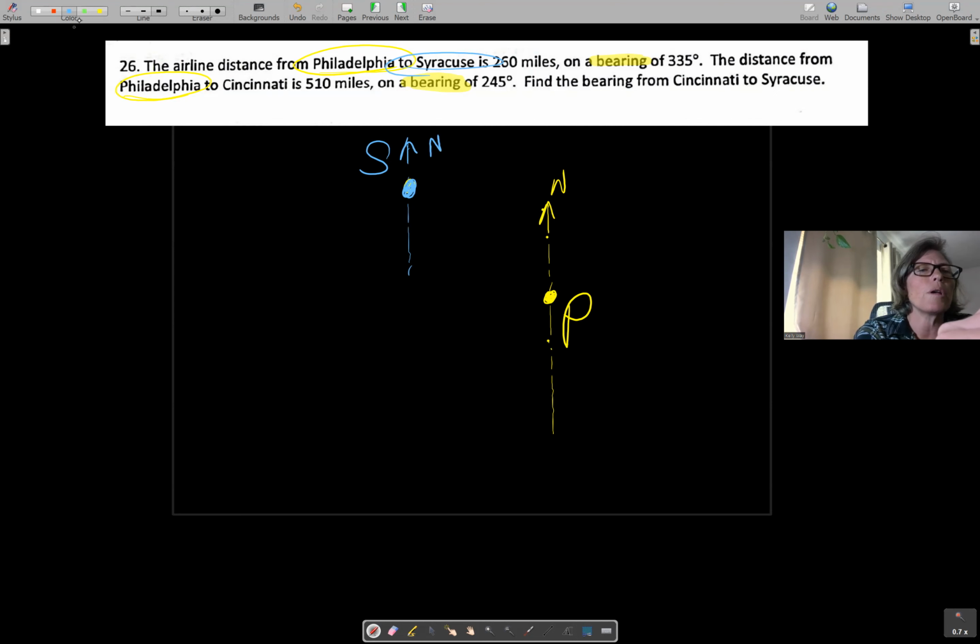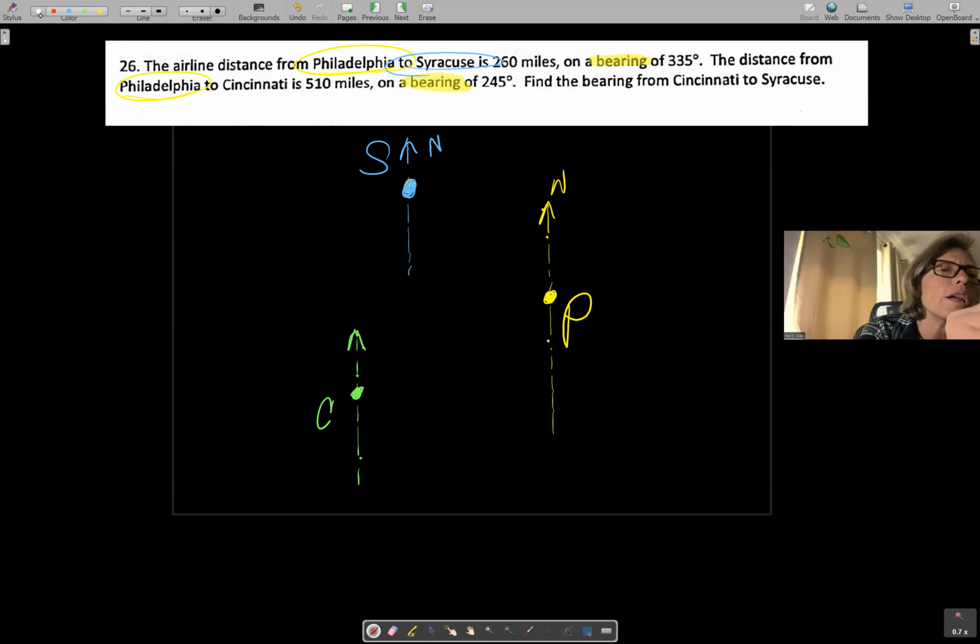And then you also have a third point, Cincinnati, which seems to be going a different direction, and a bearing. Okay, so there's all our bearings.